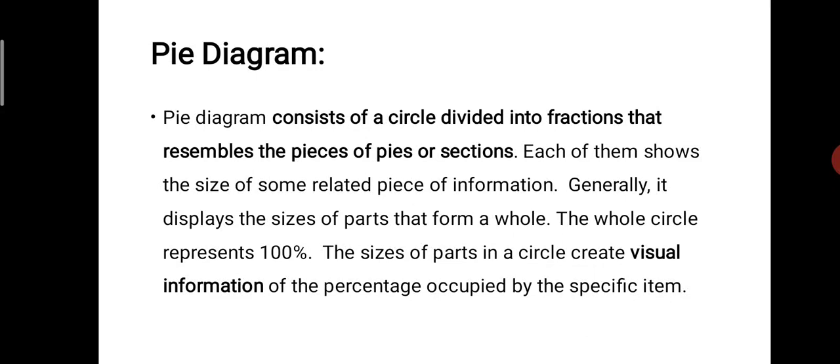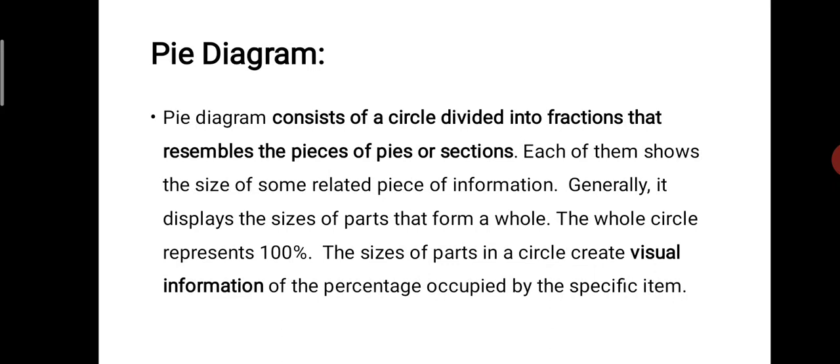The sizes of parts in a circle create visual information of the percentage occupied by the specific item. So, in this particular pie diagram, there is a circle and the information is divided into percentages and pieces of pies or sections.